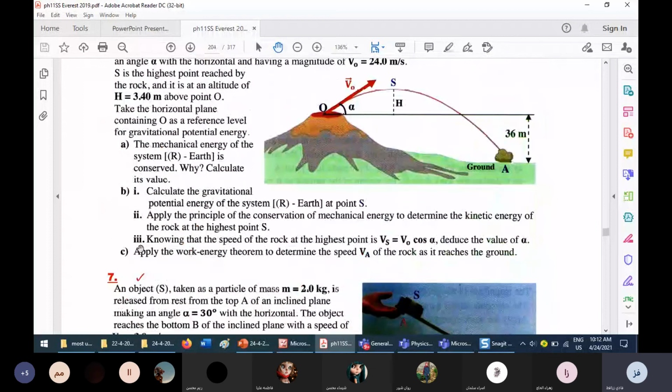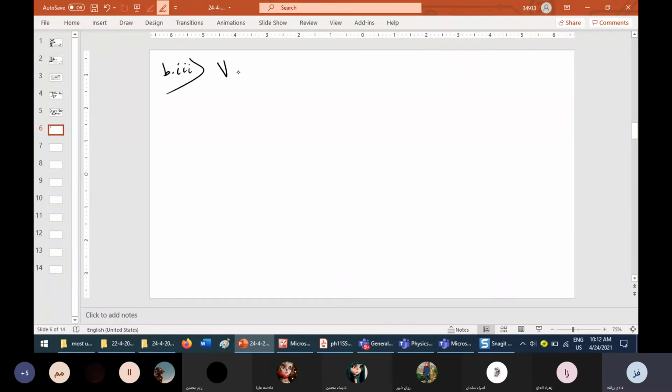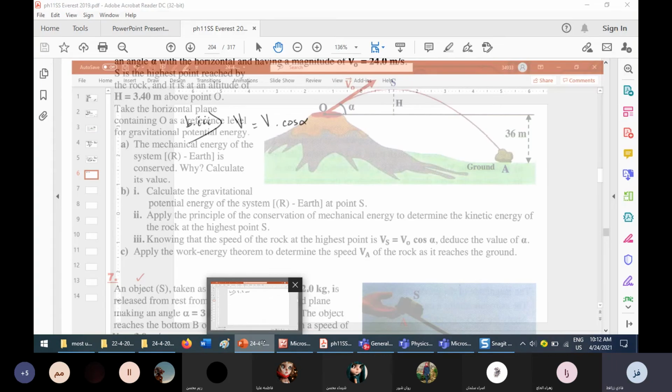Part B3: knowing that the speed of the rock at the highest point is V0 cosine alpha, deduce the value of alpha. We have known this for a long time, because only the horizontal velocity remains. He says the speed V at S is V0 cosine alpha.